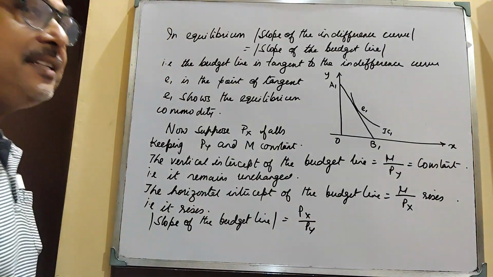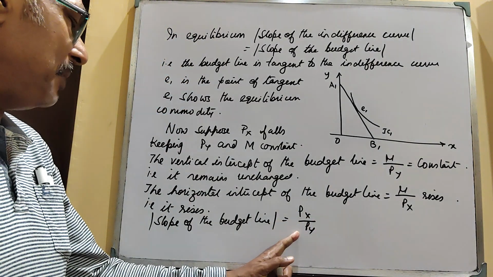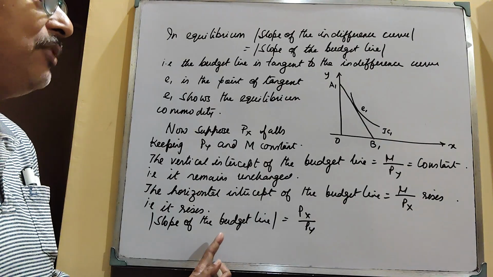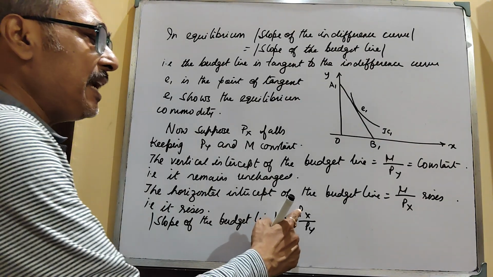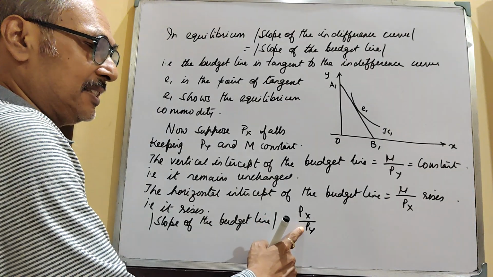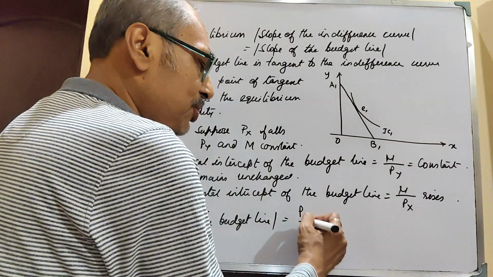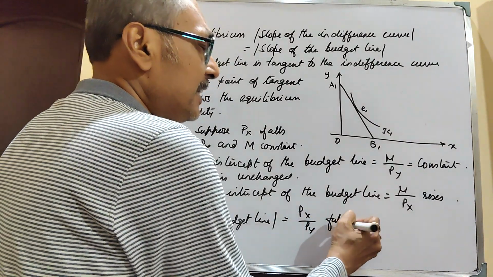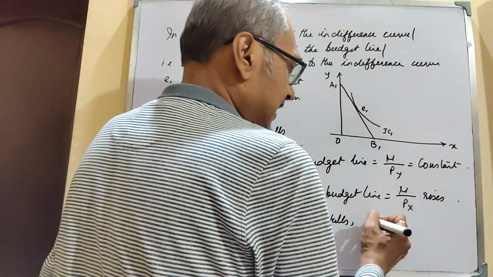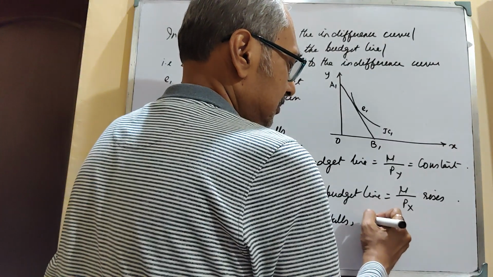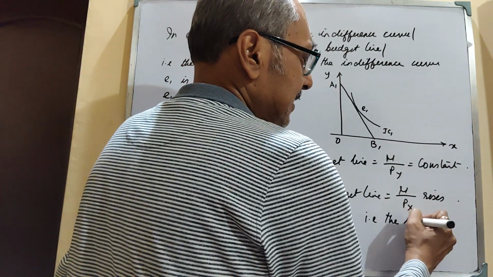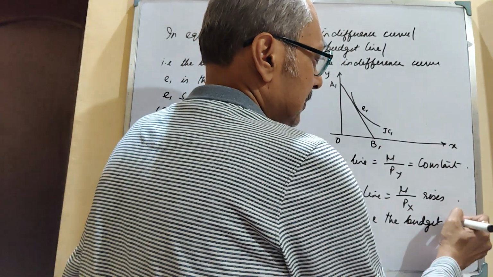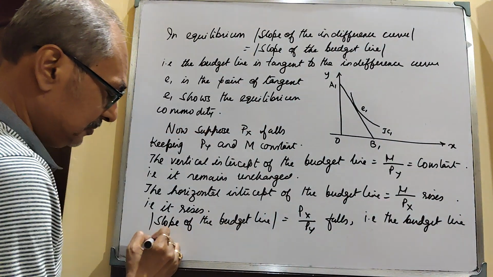Now Px falls and Py remains constant, so the ratio falls. That is, the budget line becomes flatter.